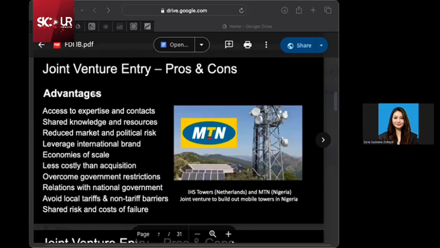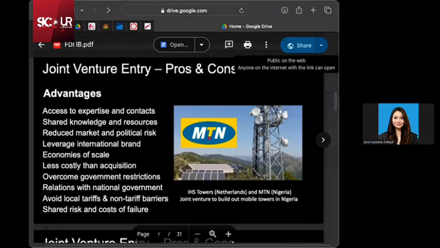So later we are going to take a look at some of the goals. There are three or four goals when we get involved in FDI. One of them is if we would like to seek resources. So definitely by having FDI, we could have that, okay? Shared knowledge and resources. And then reduce market and political risk.